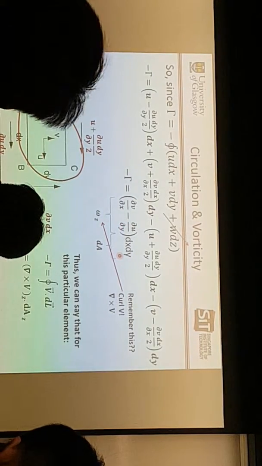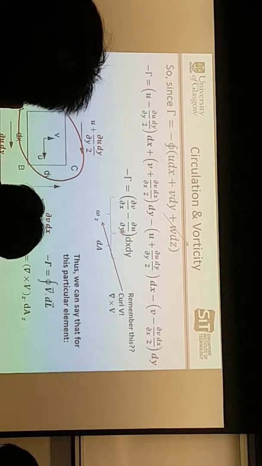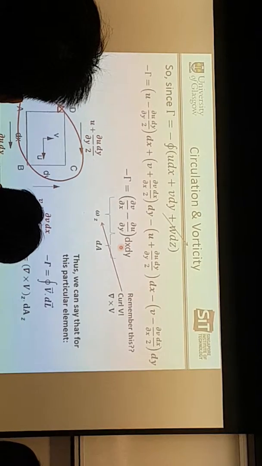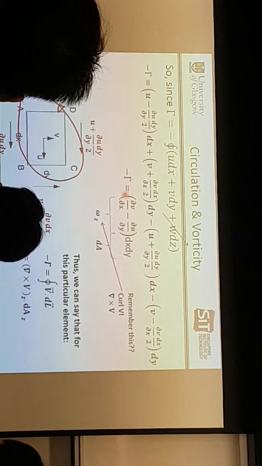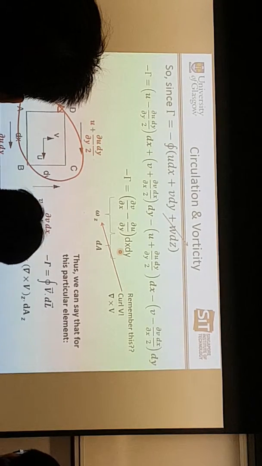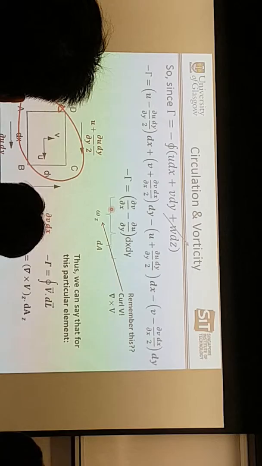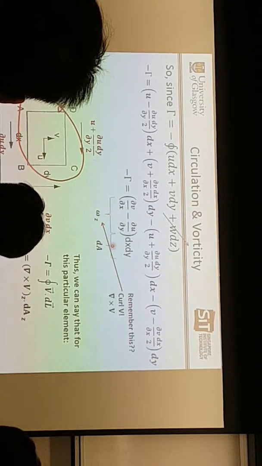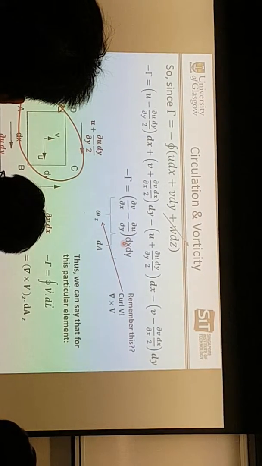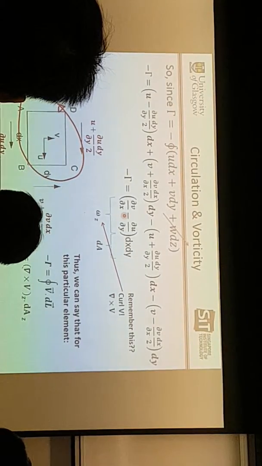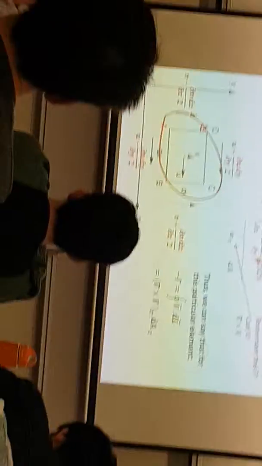So if I ask you to expand this out, for example, if now I have dy dz here, what will this component equal to? Omega x. If you have dz dx, what do you have here? Omega y. So it's always perpendicular.